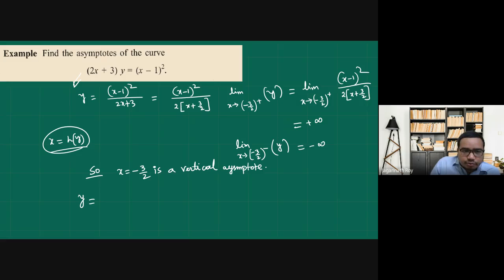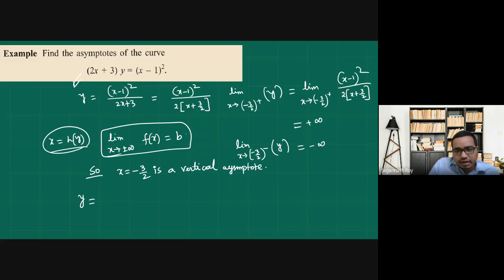That was one approach. Another approach was: if the limit as x goes to plus minus infinity of f(x) is a finite number b, then y equals b will be the horizontal asymptote.